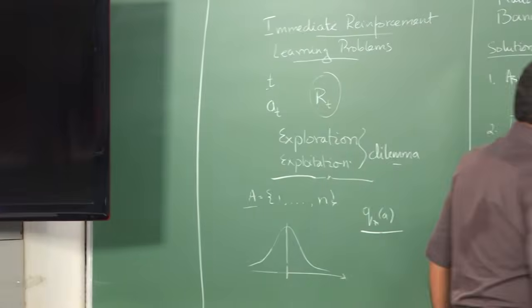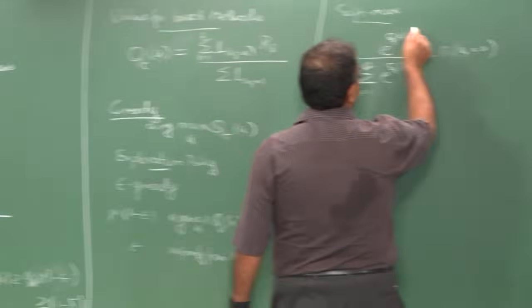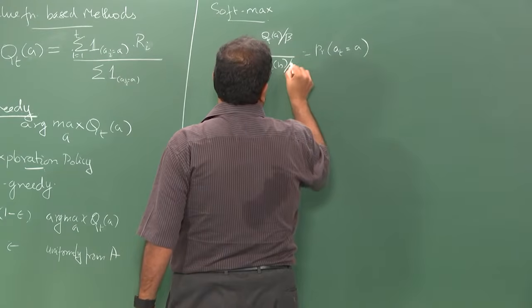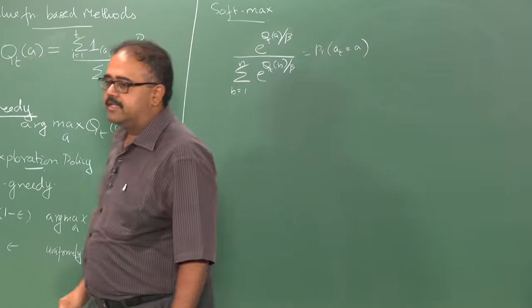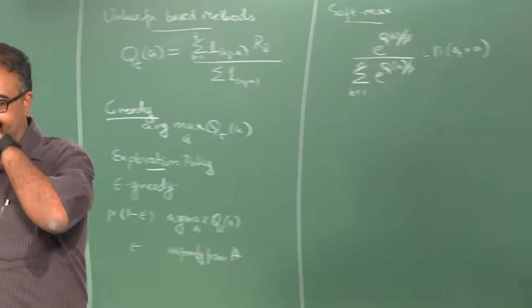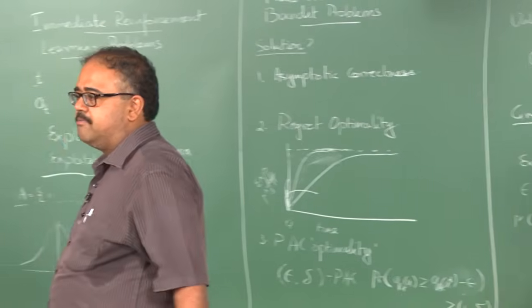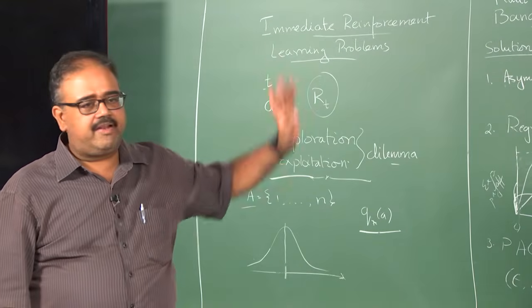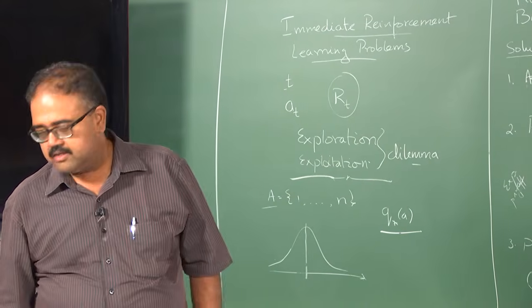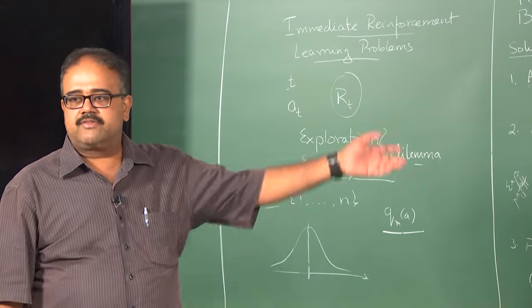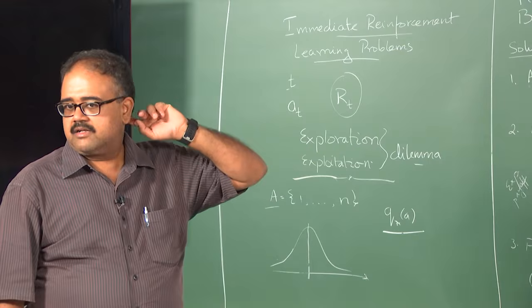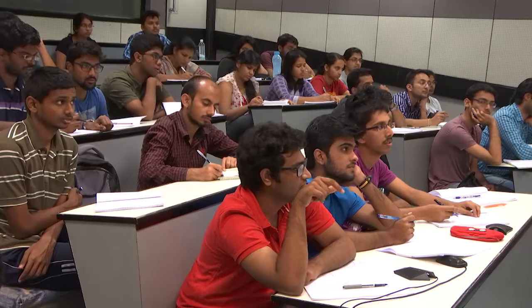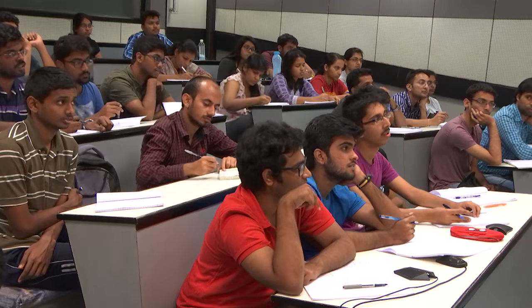Sometimes what people do is they throw in another parameter called the temperature parameter, so beta. So now think about it, if beta is very, very high, what will happen to your softmax function? Everything will get squished down, right?